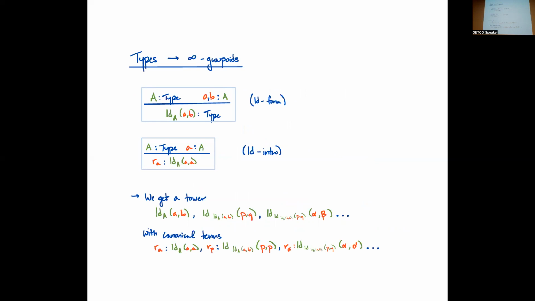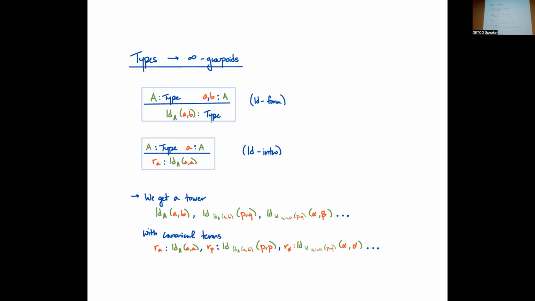Okay, so let me explain a little bit about how we see that types are infinity groupoids. As Eric explained yesterday, I'm going to try to be consistent with the coloring that he used. In the type theory, the identity type is defined with 4 rules, and we have these first 2 rules.